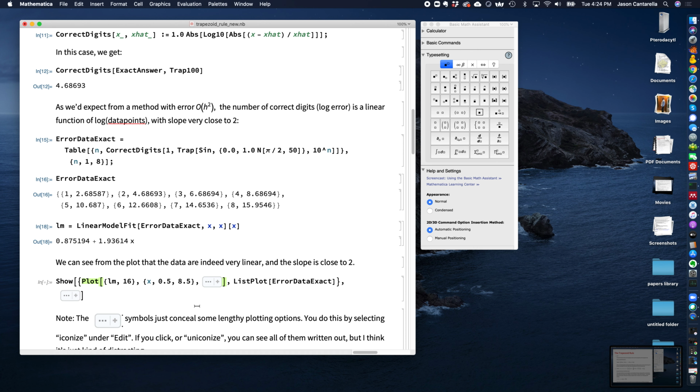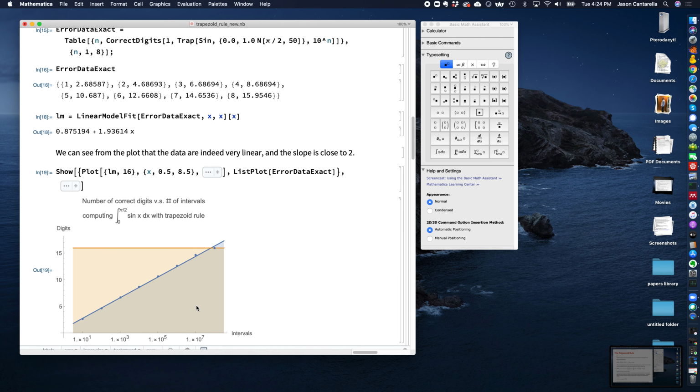So here we go. We're going to plot the number of correct digits versus the number of intervals in computing the integral from 0 to 2 pi of sine x dx with the trapezoid rule. So I've plotted a horizontal line at 16 here.